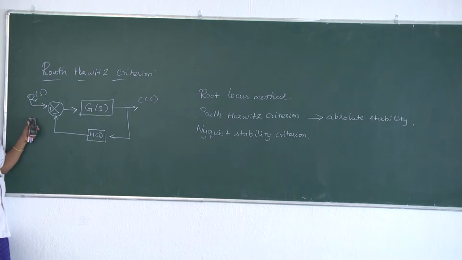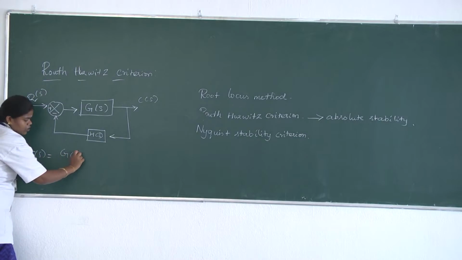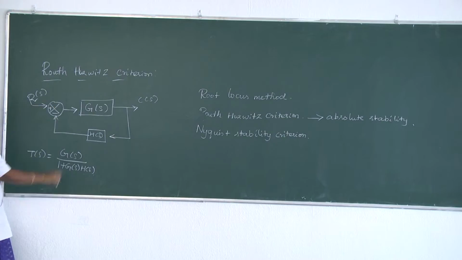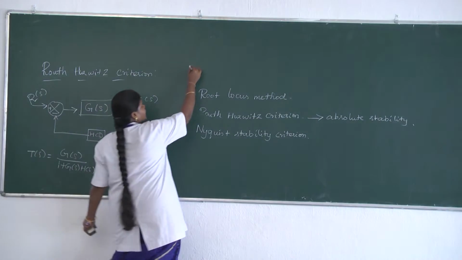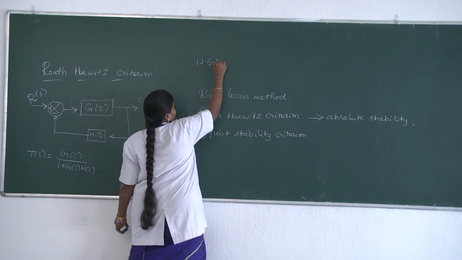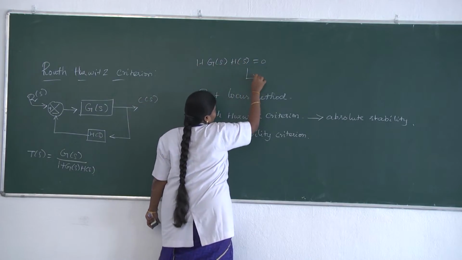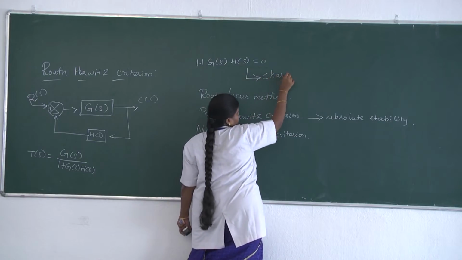The transfer function of the whole system is given by T of S equal to G of S divided by 1 plus G of S into H of S. As this is a negative feedback system, the transfer function has been derived as G of S divided by 1 plus G of S into H of S. This denominator equation, 1 plus G of S into H of S equal to 0, is the characteristic equation of the system.